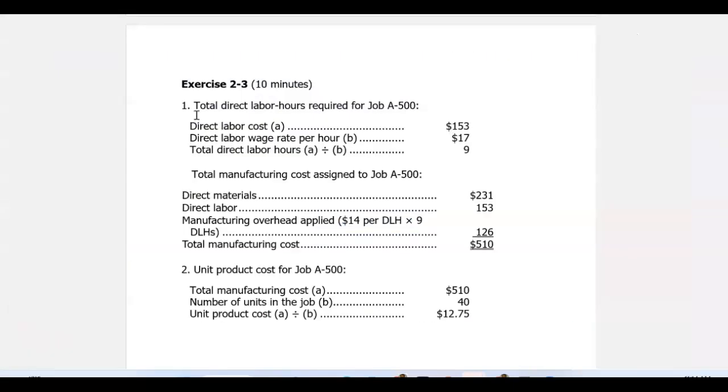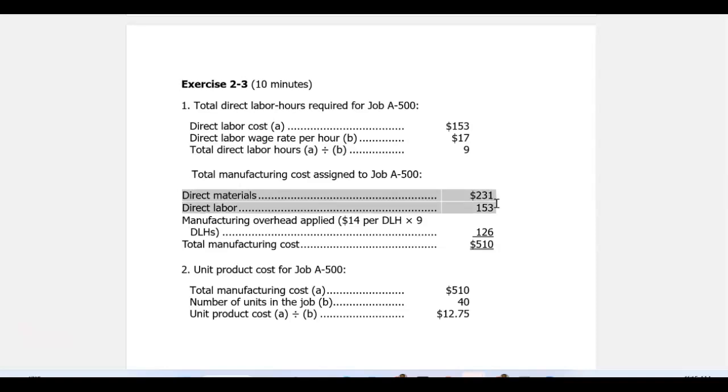Okay, so direct labor cost is given to us, 153, right? And we know it's $17 per direct labor hour. That's the rate. So we know now that 9 hours of labor has been consumed. Direct materials are $231.